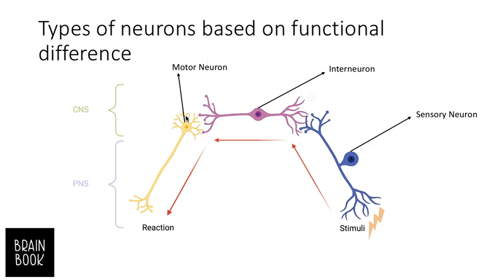And the motor neuron, which is located in the PNS, with some parts in the CNS, is responsible for making the reaction. And you can see that all neurons are divided into three groups of motor neurons, interneurons, and sensory neurons, as they are considered for the functional differences.